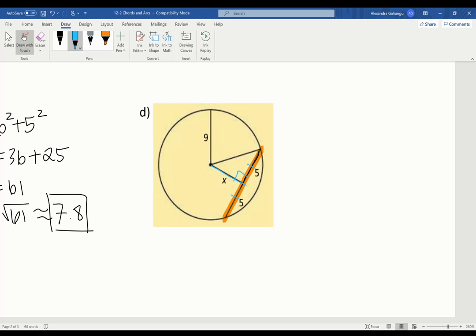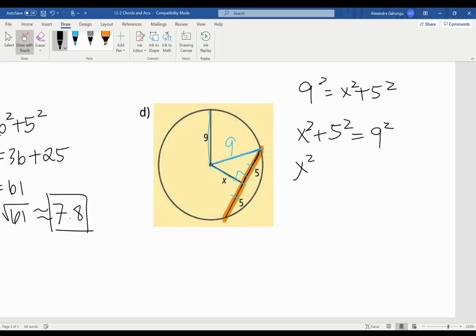And now I also, since this is a radius, this is also a radius. It goes from the center out, so this is 9 units. And now I've got 2 out of my 3 sides, and I'm going to use Pythagorean theorem again. Hypotenuse is 9, so that means x squared plus 5 squared is going to be equal to 9 squared. The order in which you write these doesn't matter. If you wrote it as 9 squared is equal to x squared plus 5 squared, you will still be able to solve for x.